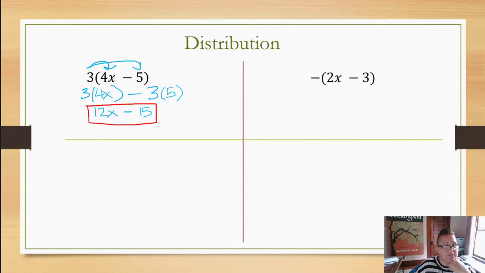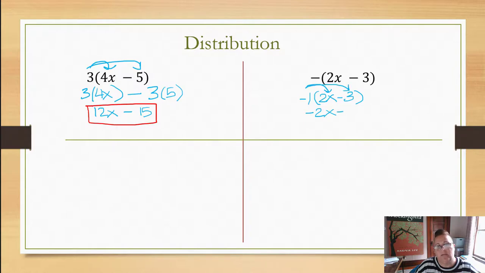I've included this one in here, this minus, and then in parentheses 2x minus 3, because we need to think of this minus as a negative 1 times 2x minus 3. That would give us a negative 1 times 2x, which is going to be a negative 2x, minus a negative 1 times 3.